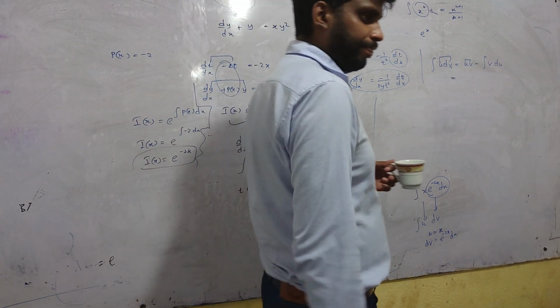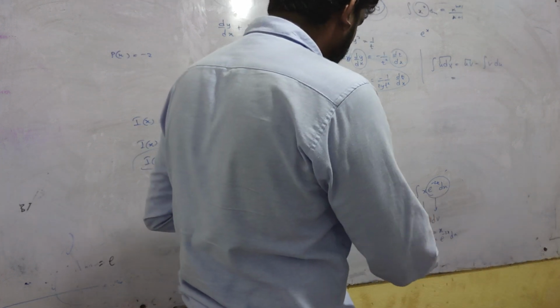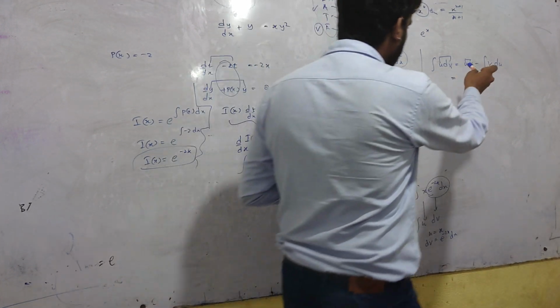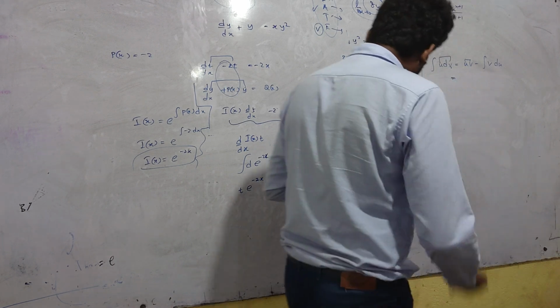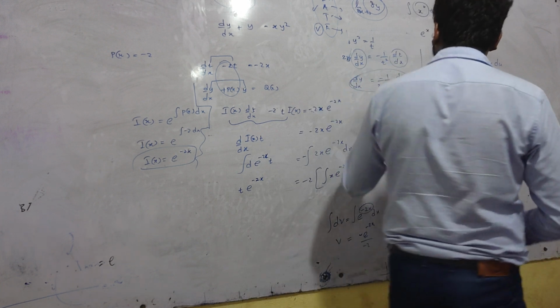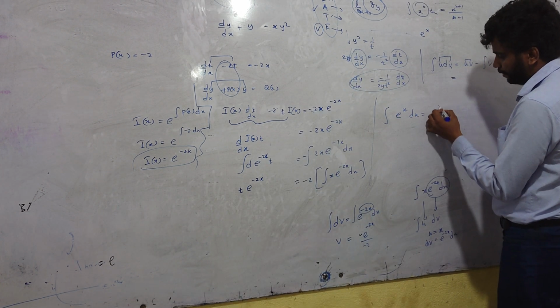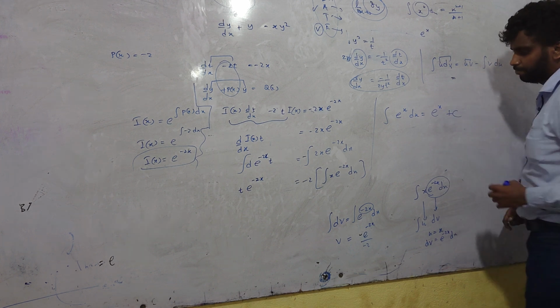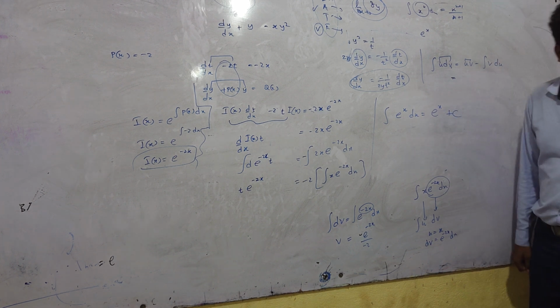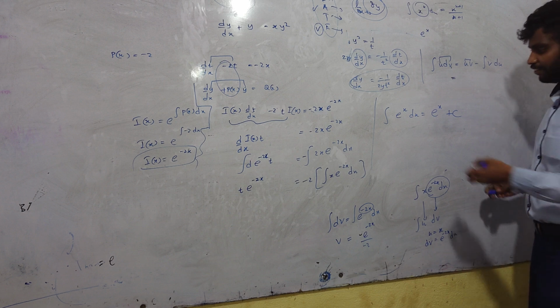So when integrating e to the power minus 2x, you find v. Then how do you integrate it? It's the general format of the integral of the exponential, which is the same as e to the power x, right? These are already constants.